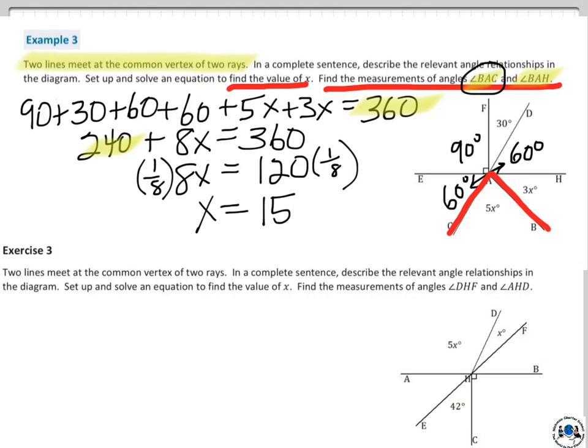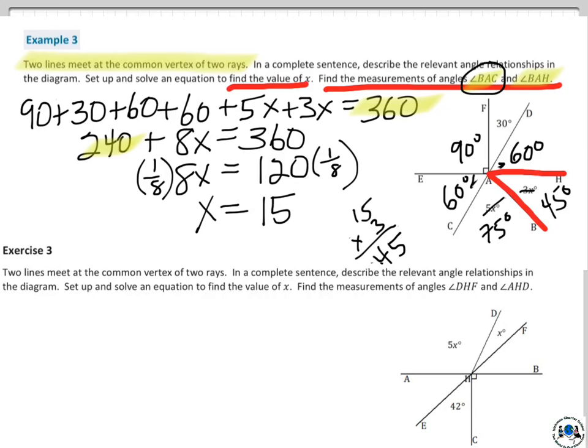But now we need to tend to the measurement of angle BAC. Since it is 5x, all I need to do is plug in 15 for that x. I get 75 degrees. Do the same thing with 3x, which is angle BAH, and I get 45 degrees.